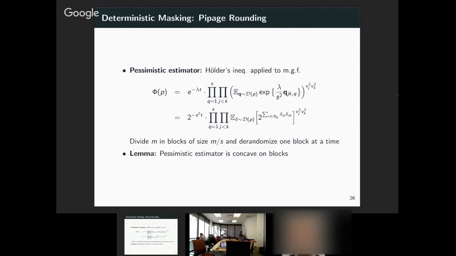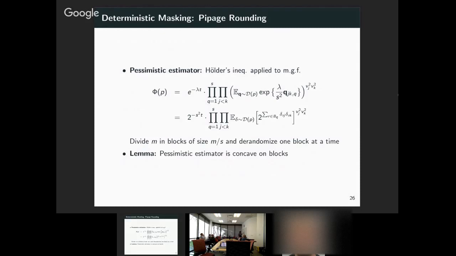And what we're going to do is partition the space of rows into s blocks here. And each block, of course, will have size m divided by s. So what we'll do is de-randomize by blocks.